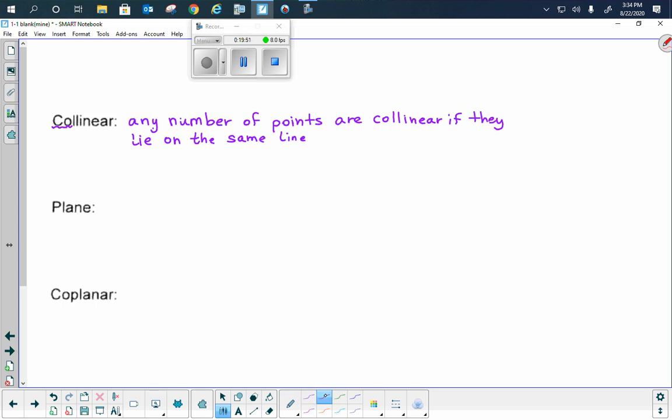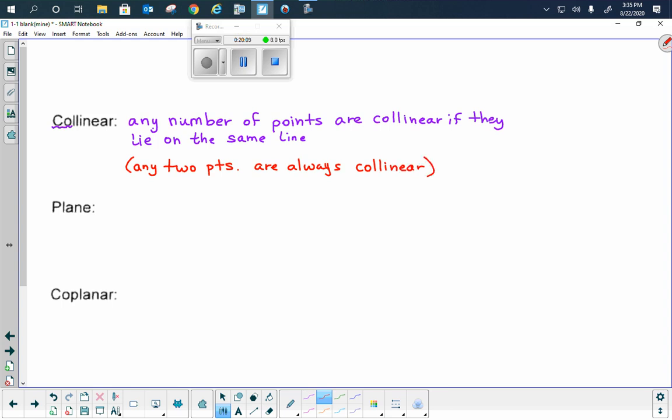And then realize that any 2 points are always collinear.